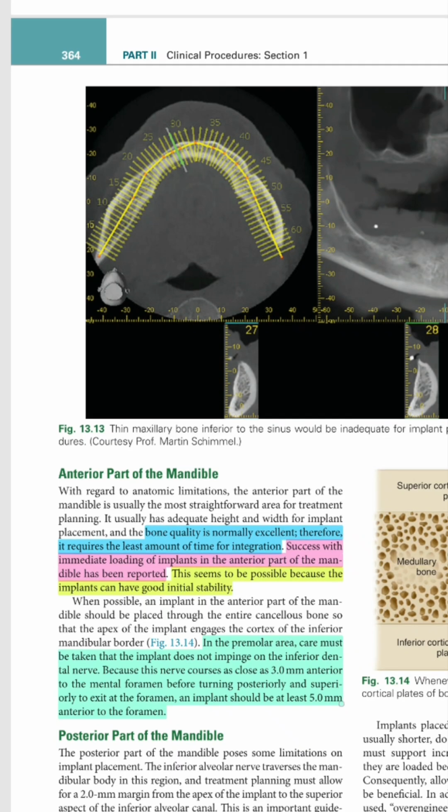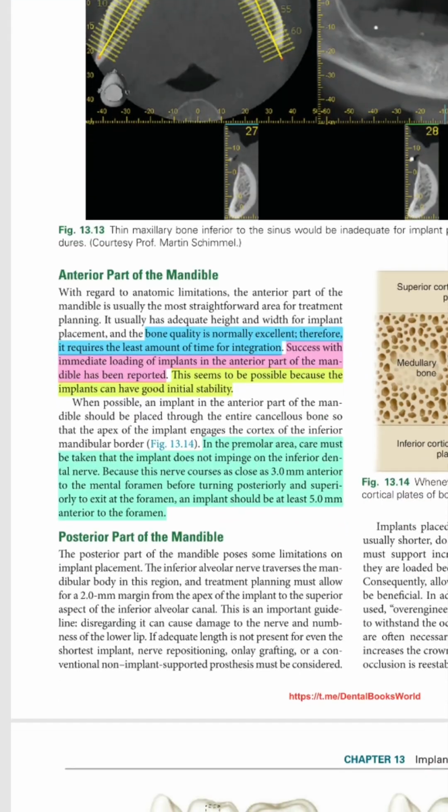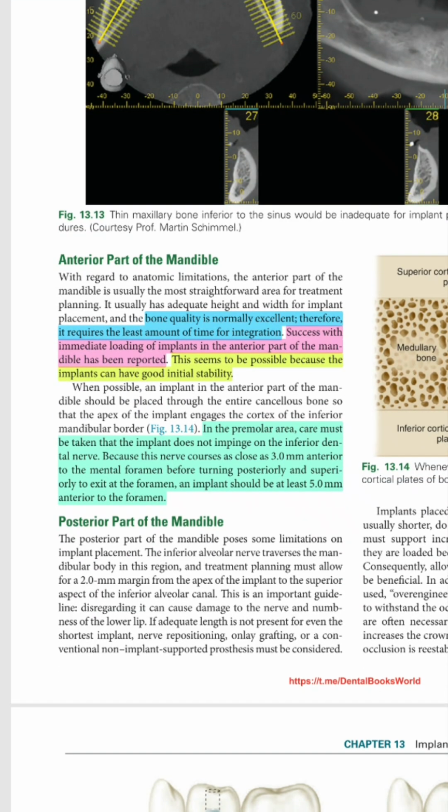As for the anterior part of the mandible, it is considered the most optimum site for implantation because it has bone quality that is considered excellent, and it requires the least amount of time for integration. Success has been reported with immediate loading in this area due to the good initial stability that the implants achieve.